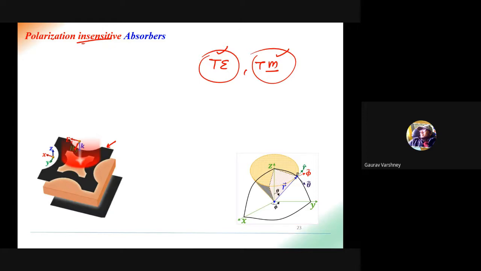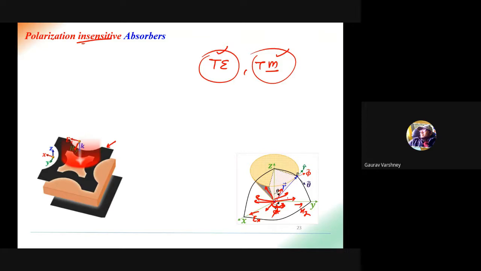So here we can see, in the generalized case, if we talk about the spherical coordinate system and see this phi angle, and here this is Ex and this is Hy, then with the variation of phi, we can set the field vectors of the incident electromagnetic wave at any particular value of phi, from 0 to 2 pi.